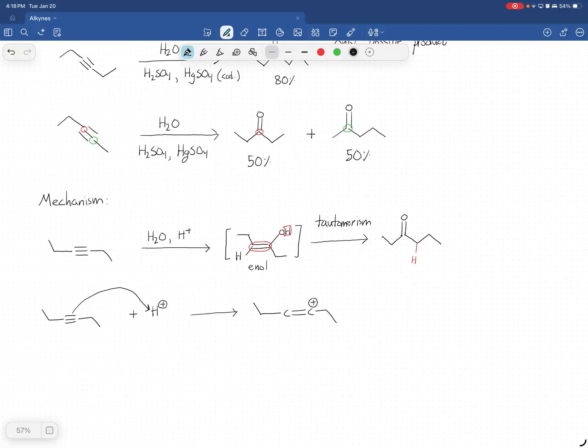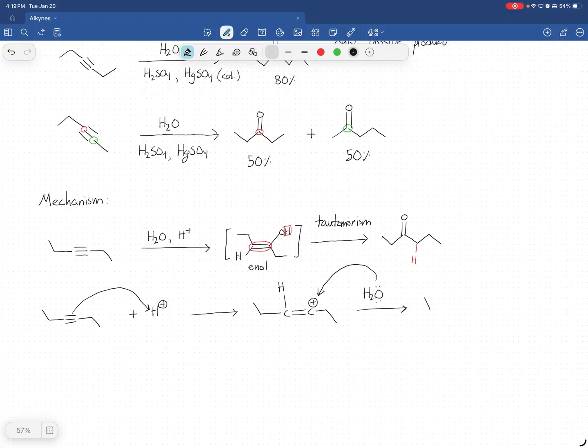So you get a plus charge on one carbon, and an H on one of the others. Now what's water going to do? It will attack the carbon with a deficiency, the one that lacks electrons, so we're going to attack at this position right here.